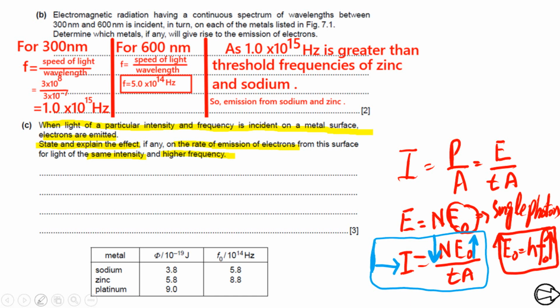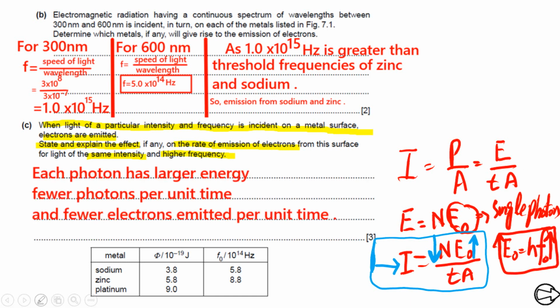So this is how we can answer this question, and then I will explain again why I wrote it like this. The first thing you can see here is that each photon has larger energy. If we increase the frequency of the photon, its energy will increase. Second, fewer photons per unit time means the number of photons will decrease.